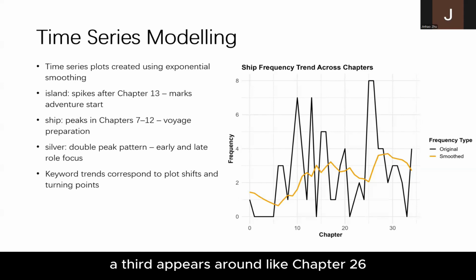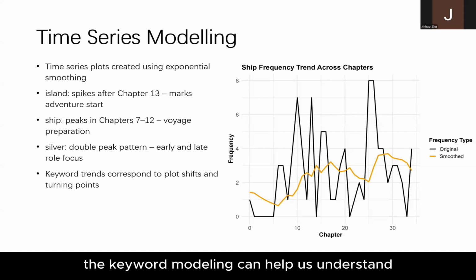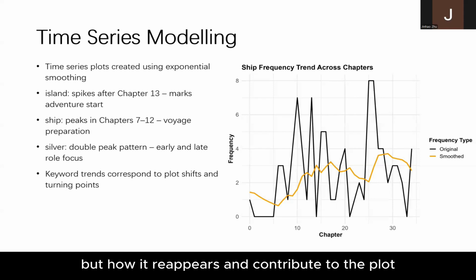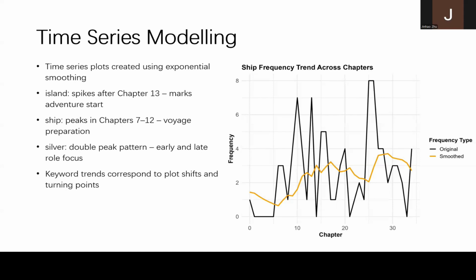A third appears around chapter 26, possibly tied to the return journey and the final resolution. This shows that the ship isn't just important at the beginning, it plays a recurring role at key moments. Keyword modeling can help us understand not just when something happens, but how it repeats and contributes to the plot.